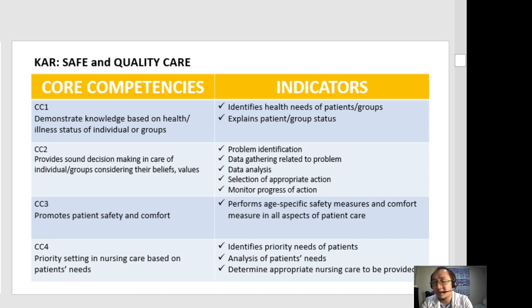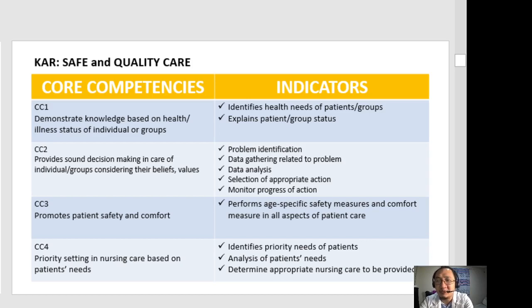So when you say indicators, these are the things that indicate that you have the competency. These are the manifestations that you have. These are the suggestions that you have the competency. What are the other words? The cues, the leads of the competency.